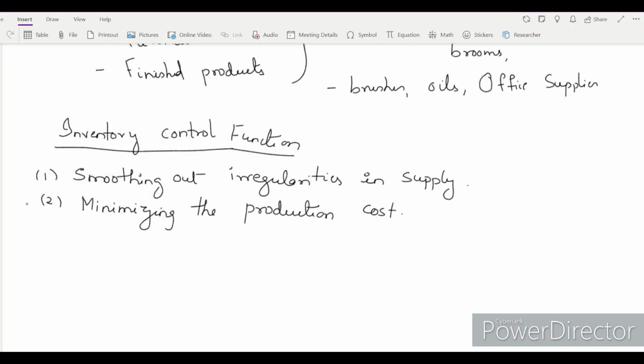Number three, allowing organizations to cope with perishable materials.